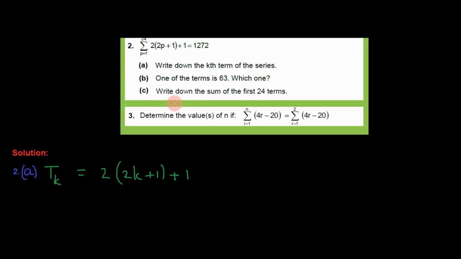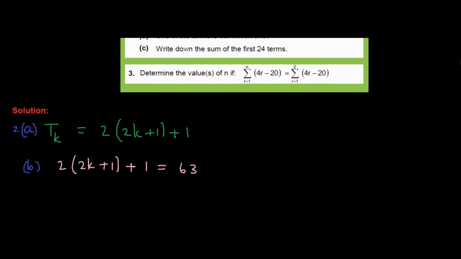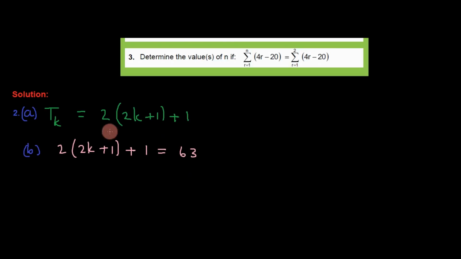In B, it says one of the terms is 63. Which one is it? So let's look at B. We have the general term. So we just take the general term, 2 into 2K plus 1, and we make it equal to 63. And we solve for K. We can multiply in here.